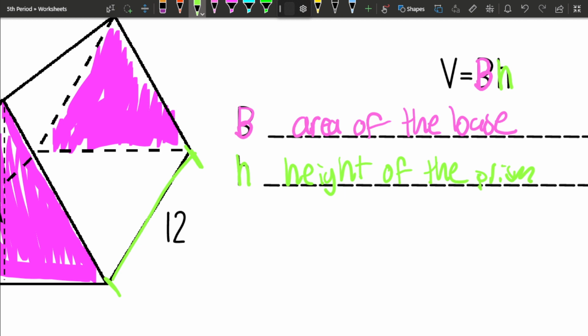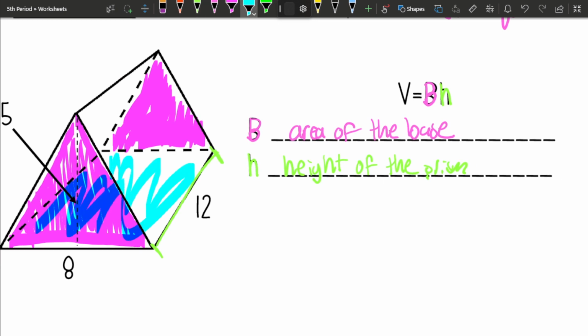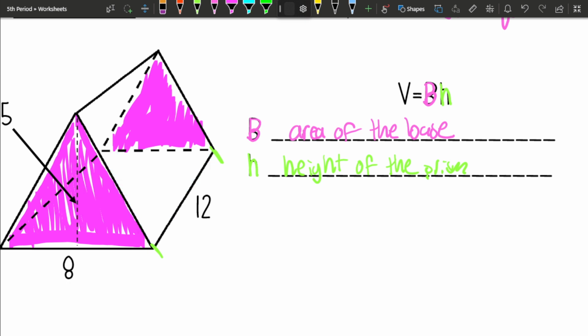Okay? Now, this is where it gets confusing. A lot of you would like to say that the bottom is the base because that's where it's sitting at. But no, because it's a triangular prism, therefore the base has to be a triangle. So that's why the bottom is not the base.